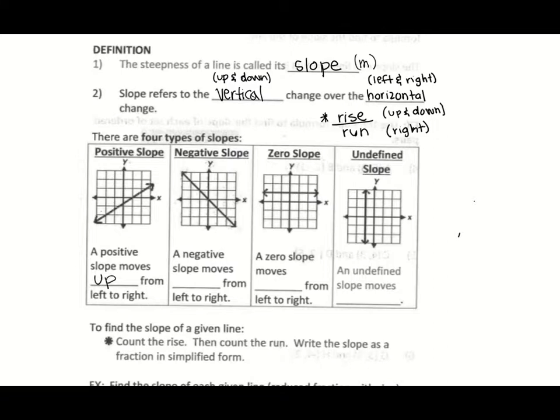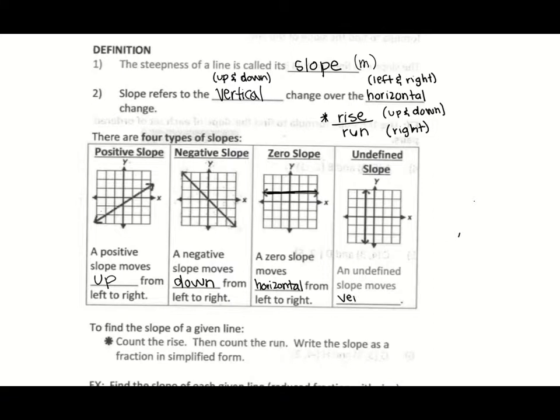A negative slope moves down from left to right. A slope of 0 moves horizontal. Right here, horizontal. And then an undefined slope moves vertical.